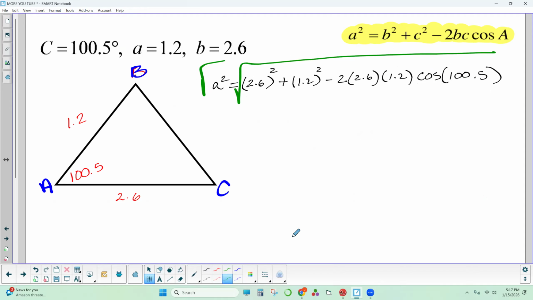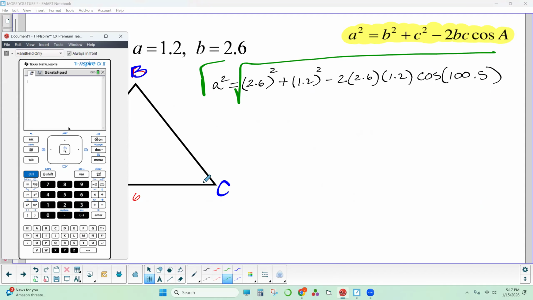All right, so let me pull up my calculator here. I'm using a TI Inspire. Okay, so I'm going to take the square root of 2.6 and square that. All right, and then I've got 1.2. Oops, back up here. We're going to add 1.2, square that.